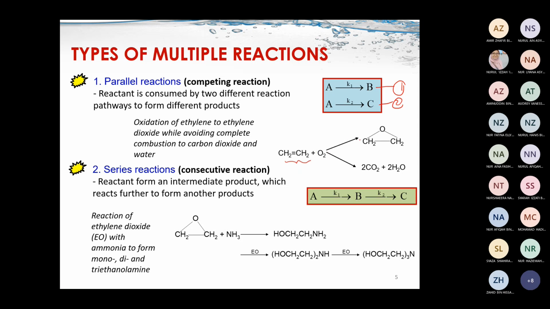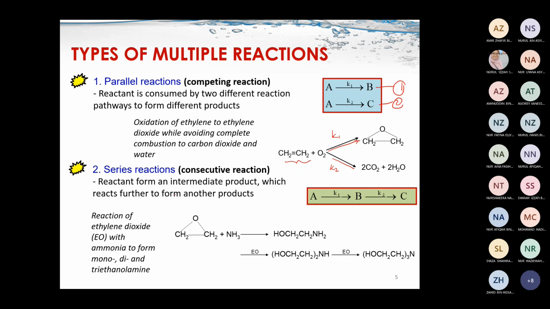So we have a parallel here, where this one towards this has K1, and this one goes towards carbon dioxide and H2O. From here, the desired one is to have ethylene oxide as the main product. So this one is the undesired one.